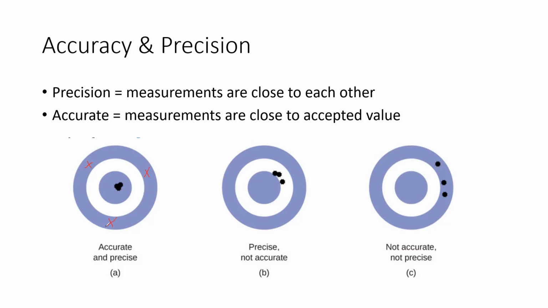This would be a case where if we took the average of these three X's, they would be pretty close to that bullseye. But none of them individually is accurate, and they're definitely not precise as a collective.